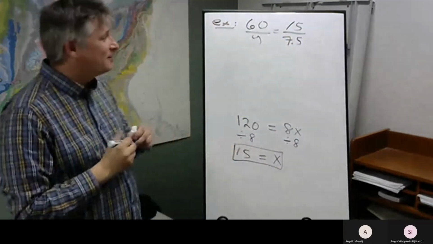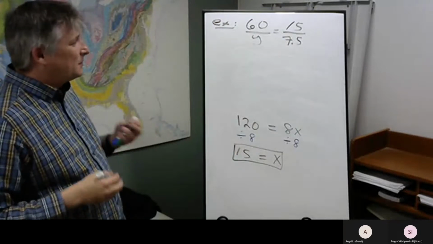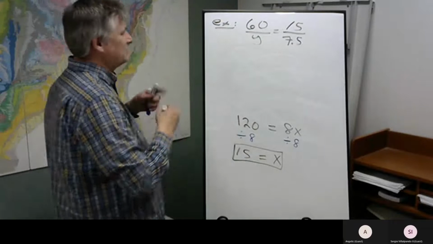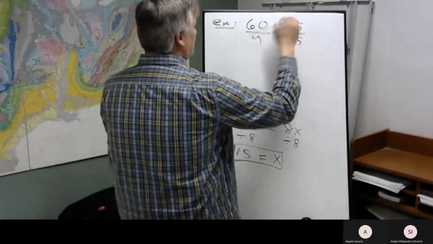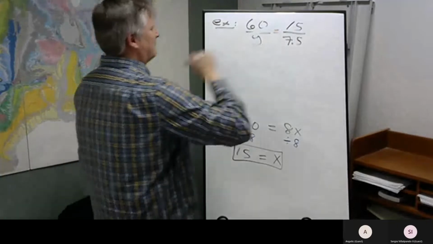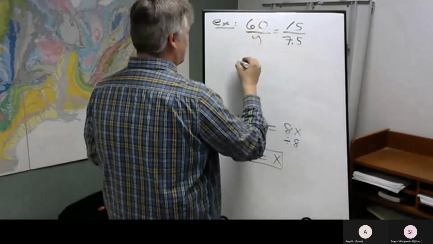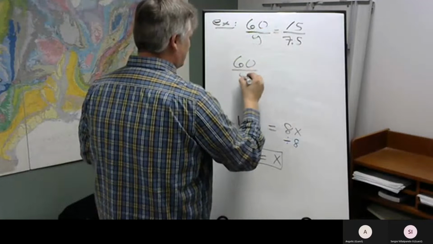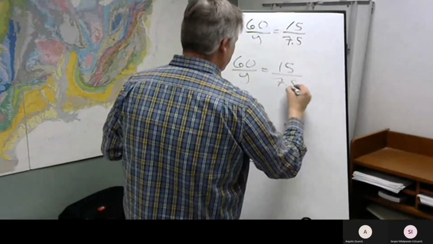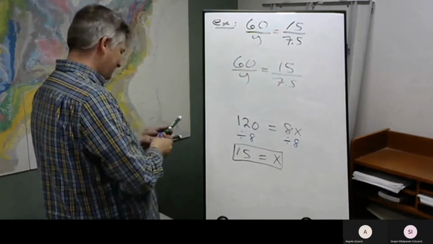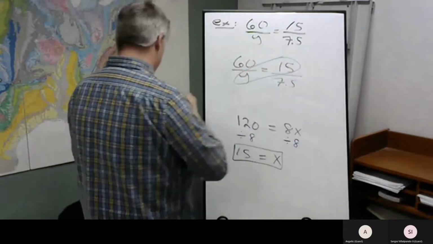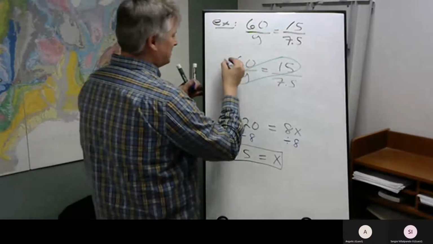Say 7.5. So again, we could do means and extremes. So we have our means. Write that again. There's our means, and here's the extremes.